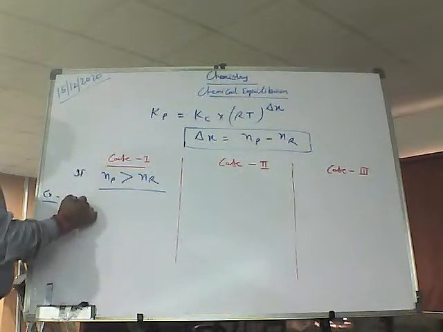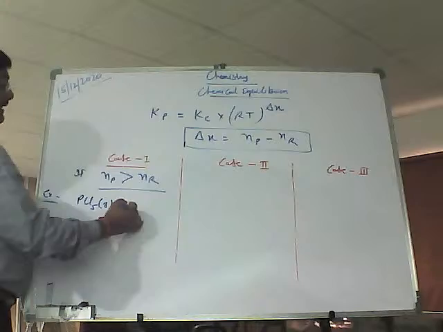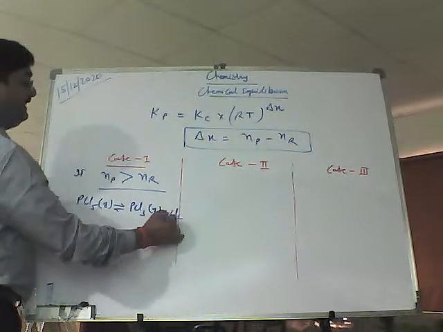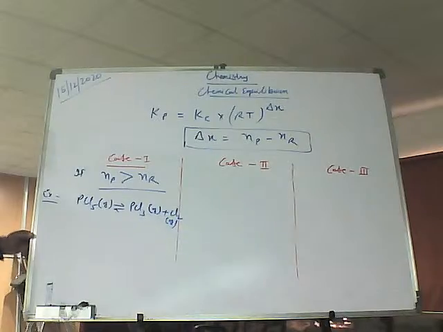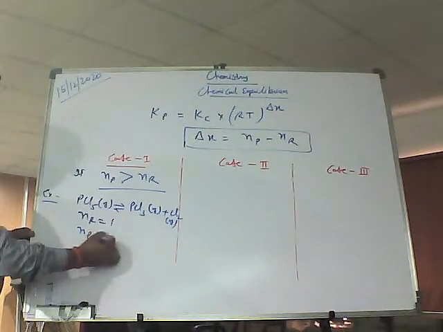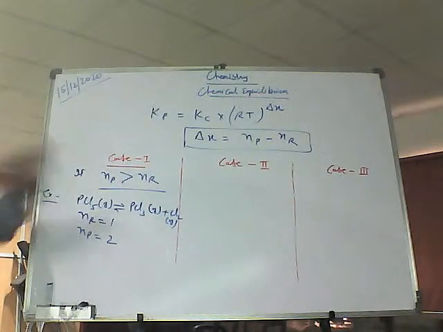For example, if you decompose PCl5, what is formed? PCl3 plus Cl2. The number of moles of the reactant is 1 and the number of moles of the products is 2, because 1 and 1 are there. So the first condition is verified: the number of moles of the product is more.